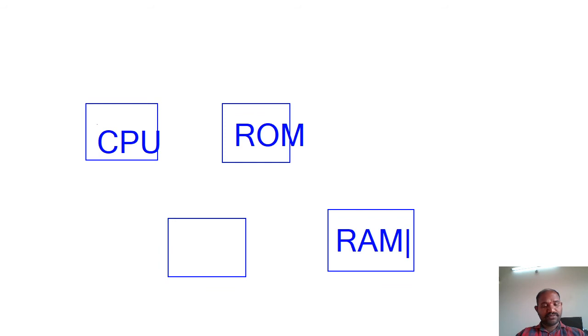Okay, now here what is there in the ROM? I'm not showing all the buses. You just recollect that we have seen all the bus connections. Now everything is going to be the same. But in order to explain what is there in the ROM and how the system is going to boot up, I'm just taking the ROM. So here the CPU, ROM and RAM.